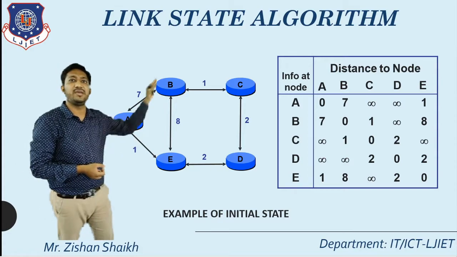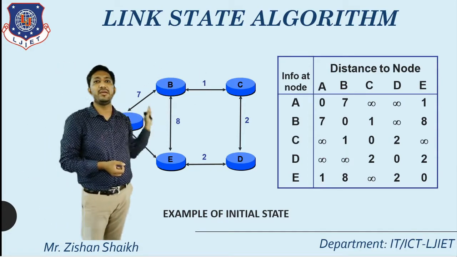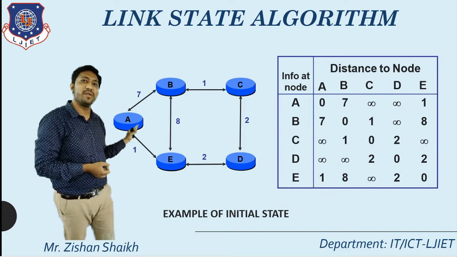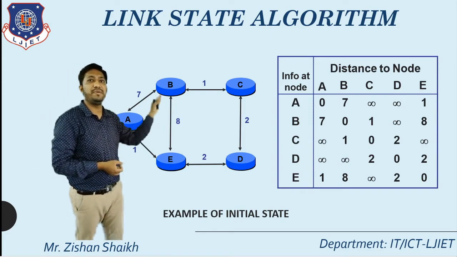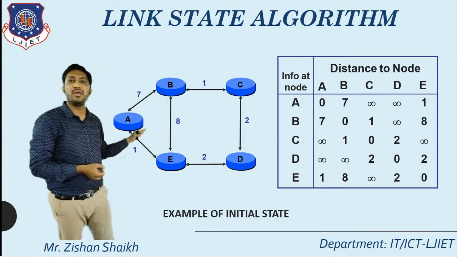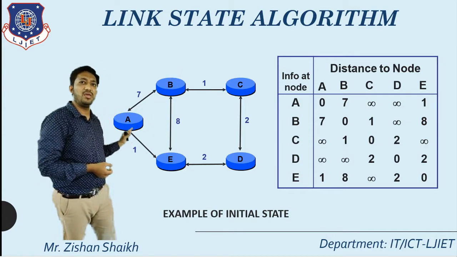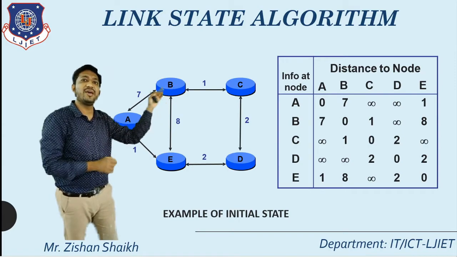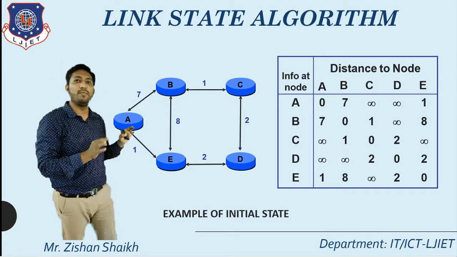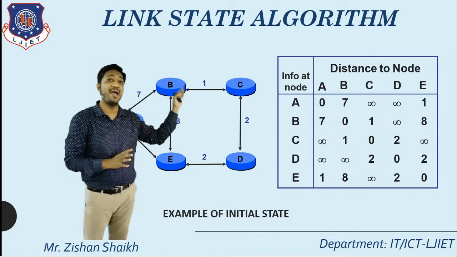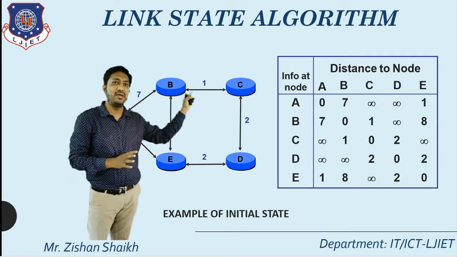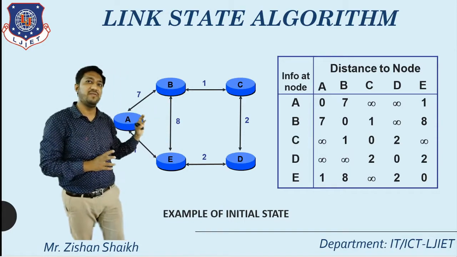Now A to C, we cannot reach directly, because if I want to move from A to C, I take route A, B, C, or A, E, B, C, or A, E, D, C. So there are a number of options, but from A to C we cannot reach directly. That's why the distance will be infinite here.